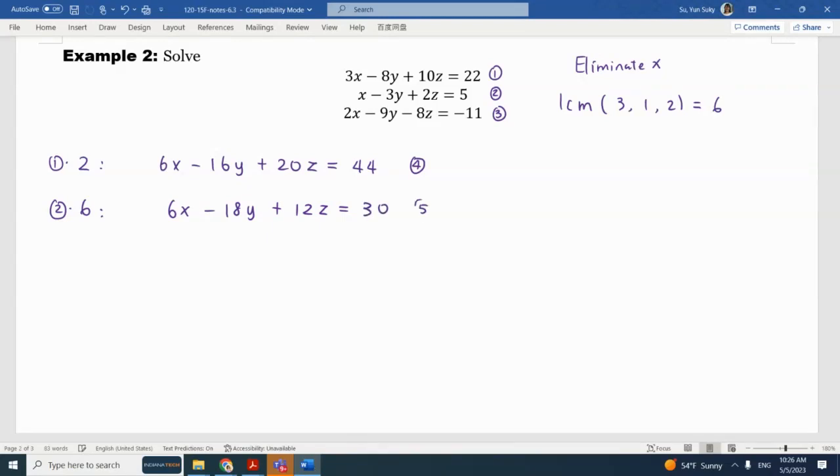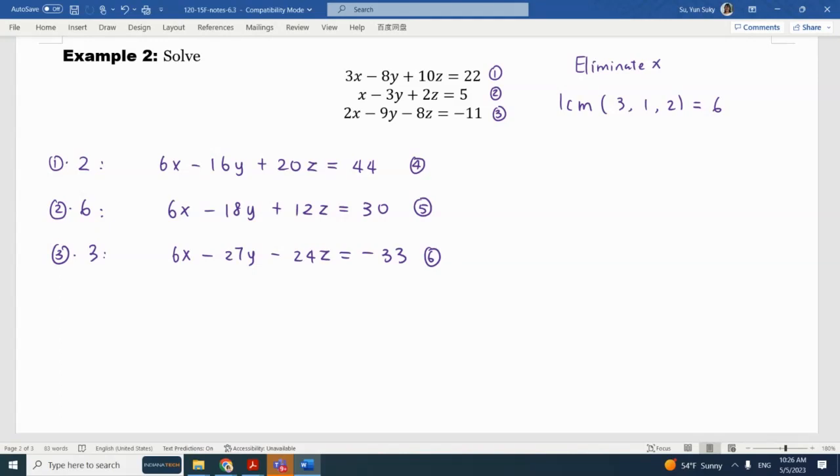Yes. This is equation 5. Okay, the third equation. What do you want to multiply by? Peter? Yes. And then what do you get? Yes. So equation 6. Right, everybody? So we have matched all the coefficients.